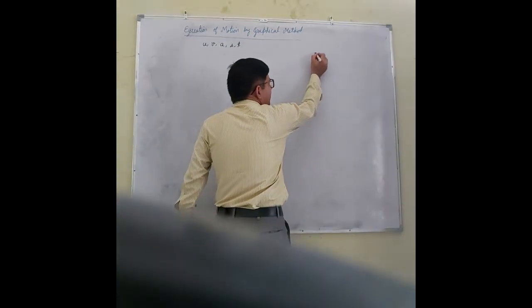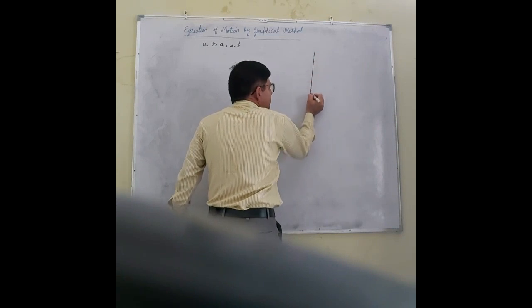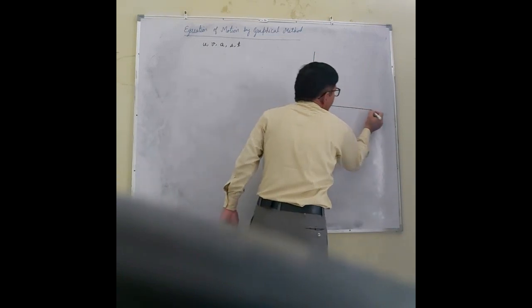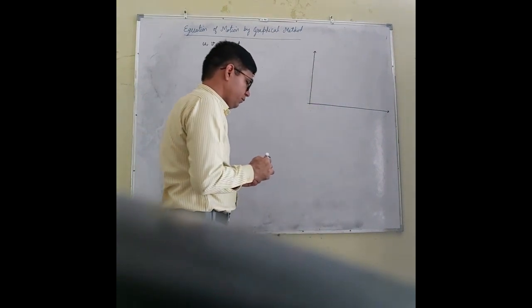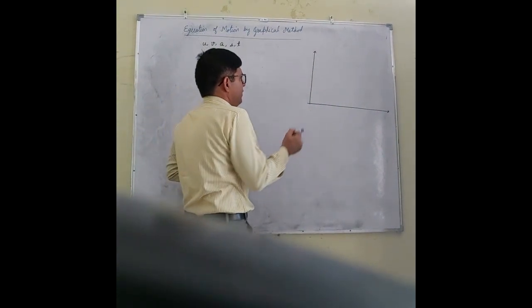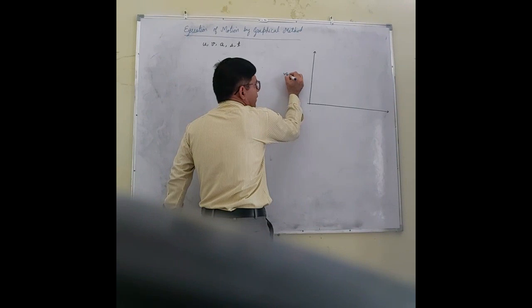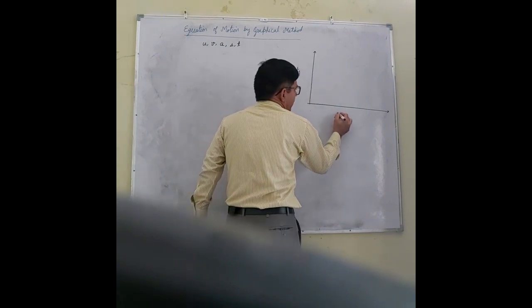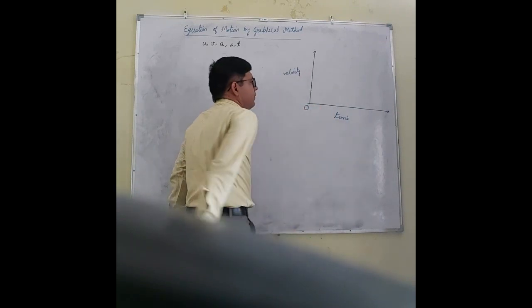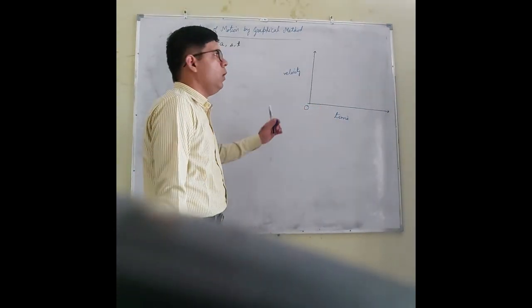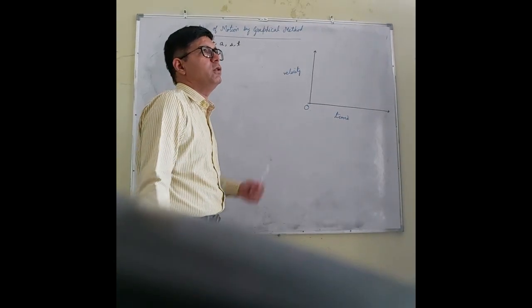Let's represent this change by means of a graph. Let us say this is the velocity time graph. Here, this is the origin. Here, time is 0 and velocity is also 0.